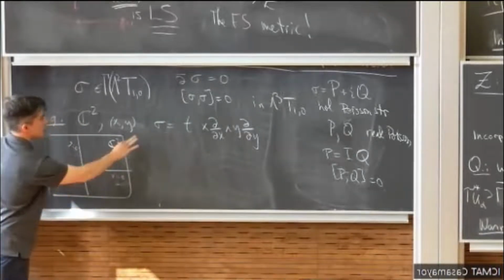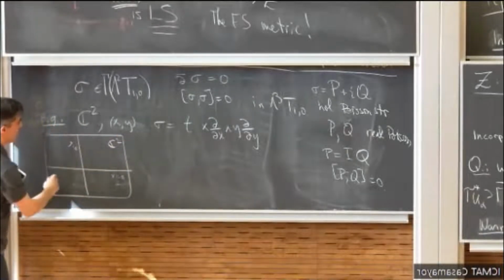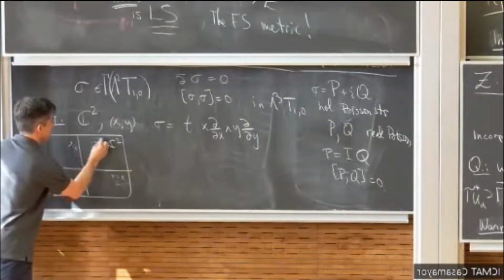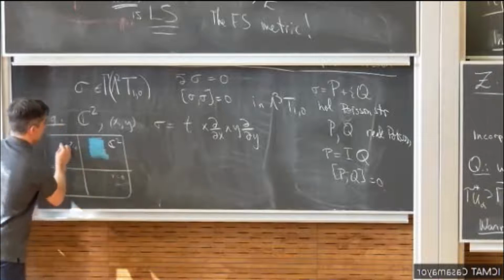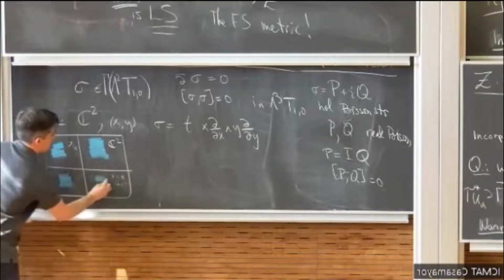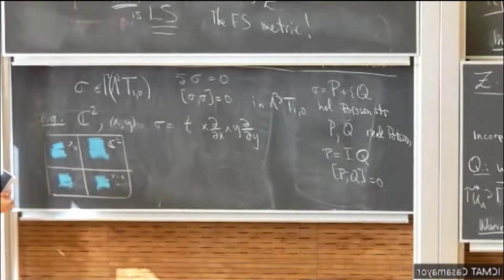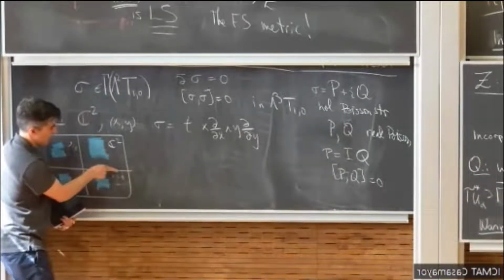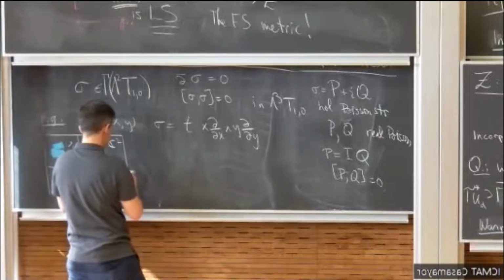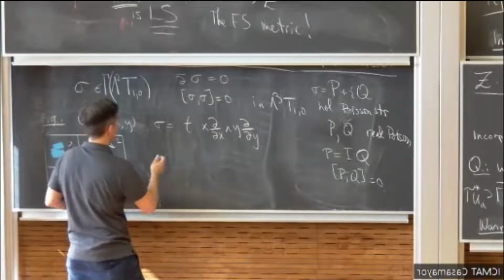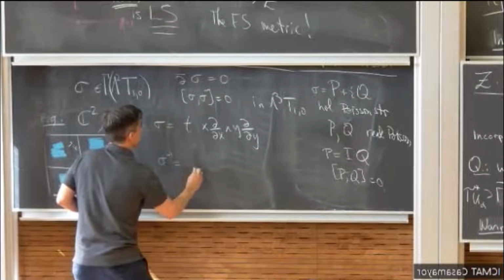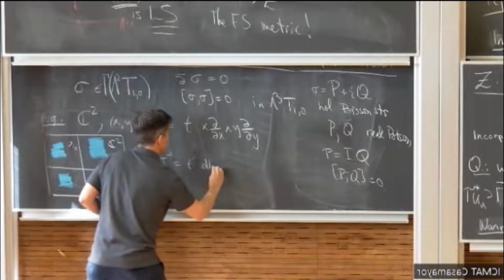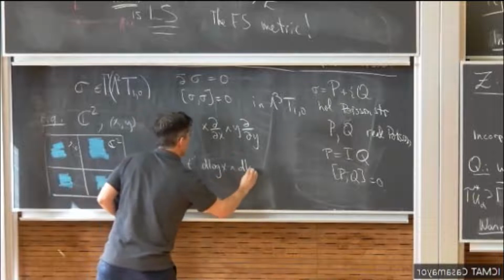So this Poisson structure degenerates at x equals 0 and y equals 0. A Poisson manifold always has symplectic leaves. So one of the symplectic leaves is all of this. It's an open, dense symplectic leaf. The symplectic form, which is the inverse of this, blows up here, right? If you were to invert this, it would look like t inverse d log x wedge d log y.